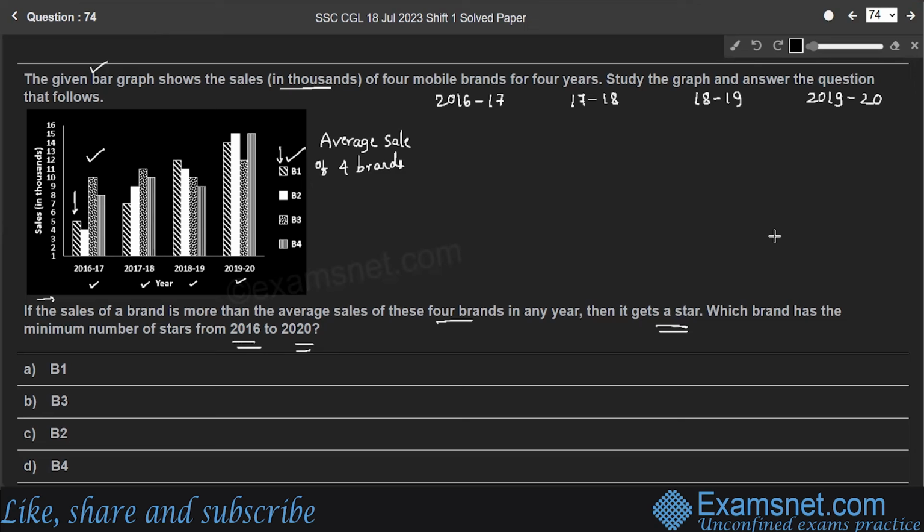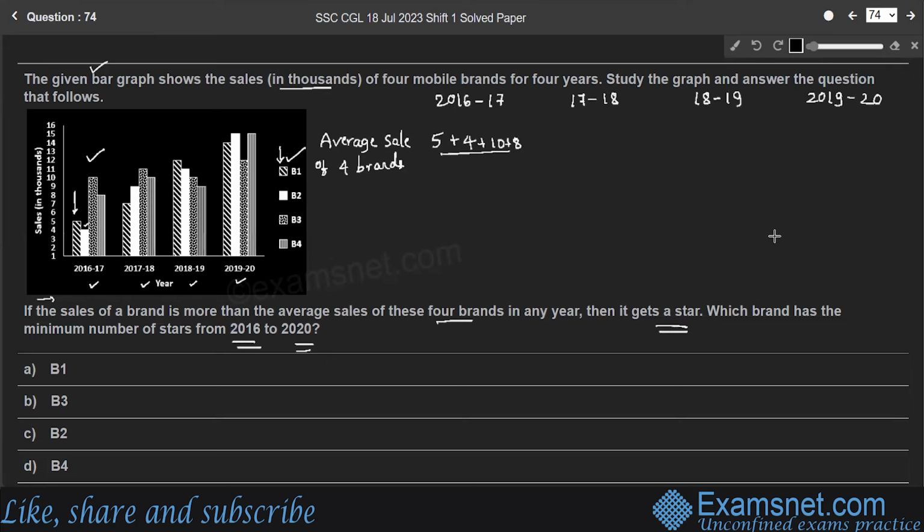individual sale of B1 brand is 5,000, right? So 5 plus sale of B2 brand is 4. 5 plus 4, B3 is 10. 5 plus 4 plus 10 plus 8. Is it 8? Yes.